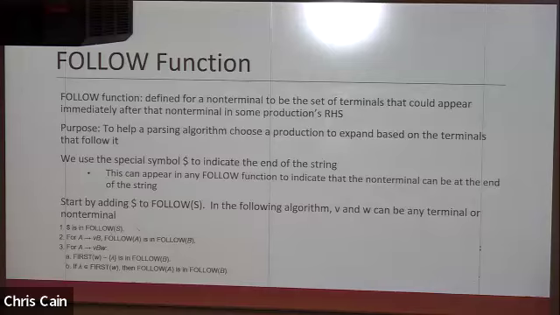Because it can go away, so whatever follows the A can also follow B. We'll see this play out with some examples, I think. But this is the entirety of follow. It just is a little bit harder to visualize or to see intuitively, I find.